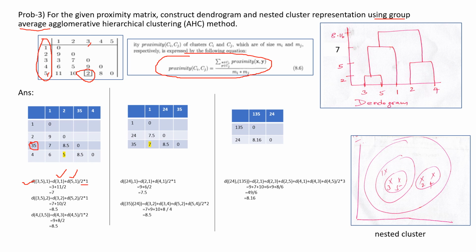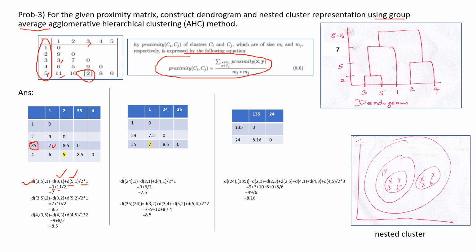How many distances are there in the numerator? 3, 1 and 5, 1. Only 2 distances. So d 3, 1 plus d 5, 1 divided by 2. That's all. 3, 1 is 3, which is given here, plus 5, 1 is 11. 3 plus 11 by 2 is 7. That is written here.